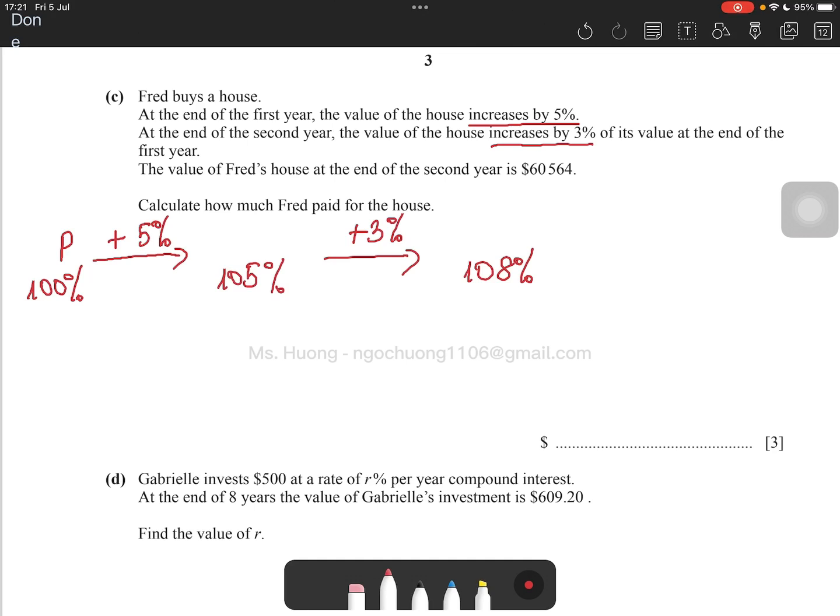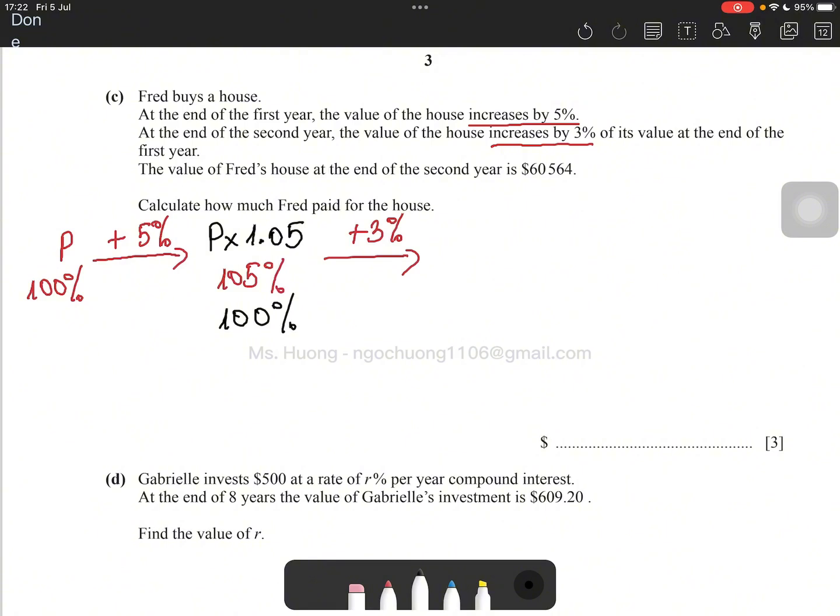At the end of the first year, after an increase of 5%, the new value will be P multiplied by 105%, or you can write 1.05. And after that, you increase it by 3%. Then you have to consider the new amount is 100% now.